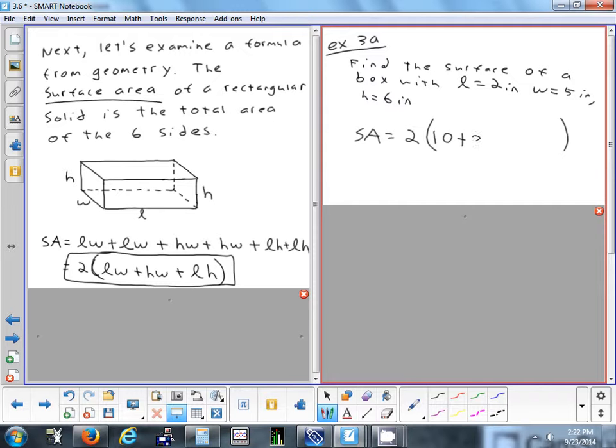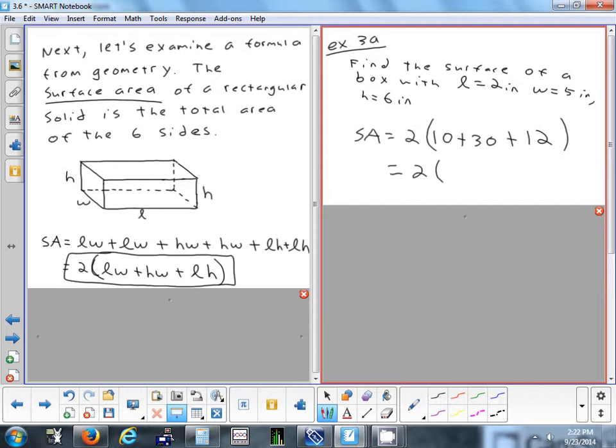Yep, 30. And lastly, what's the length times the height? 12. Sivan, how'd you get that? Length times the height. What'd you do? 2 times 6? Yeah, you just do 2 times 6. Okay, let's add up.